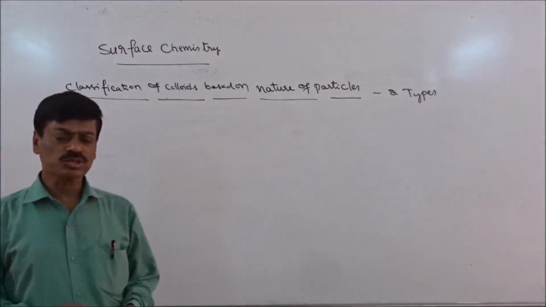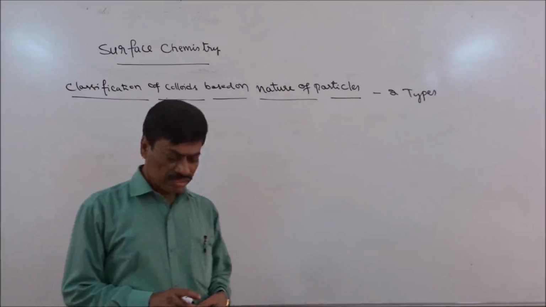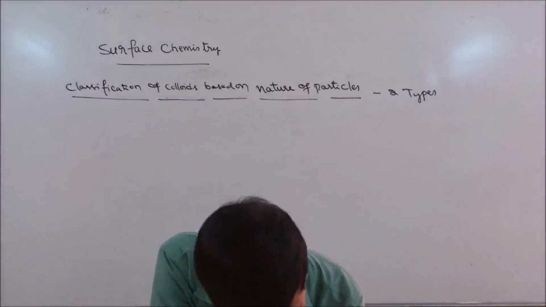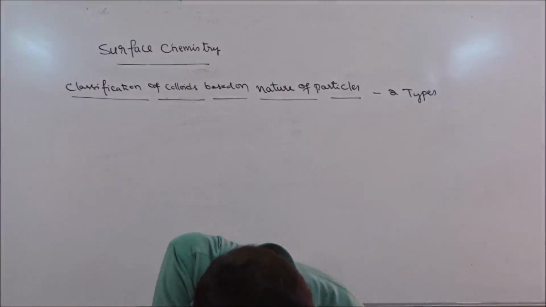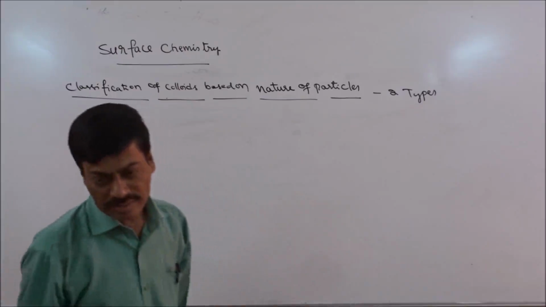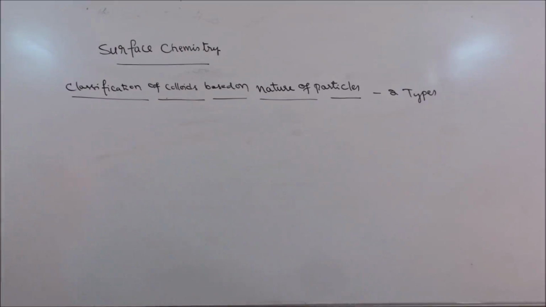What are those two types? They are, number one, macromolecular colloids and then micromolecular colloids. These are the two types.